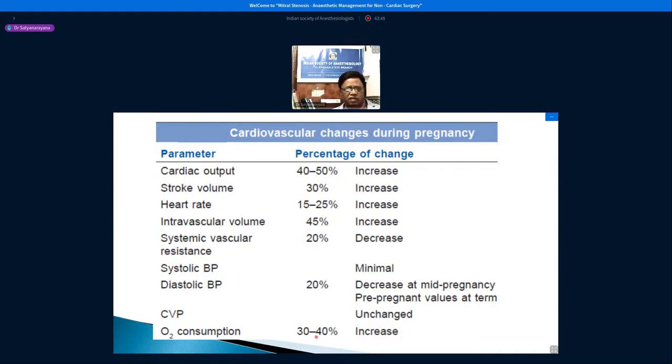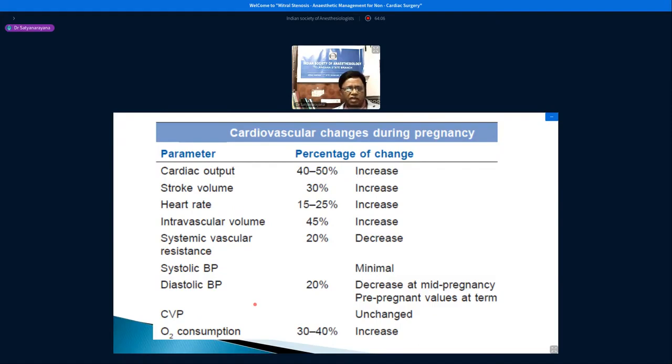I'm not going to discuss each factor in detail, but from the 5th week of gestation till 32 weeks, there is a continuous increase of cardiac output, stroke volume, heart rate, and oxygen consumption. But interestingly, there is a decreased systemic vascular resistance.